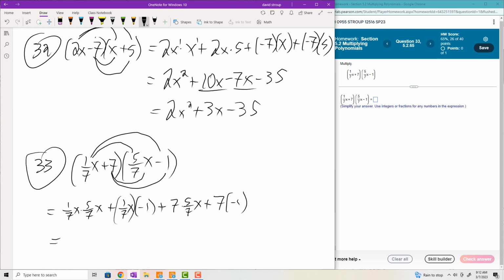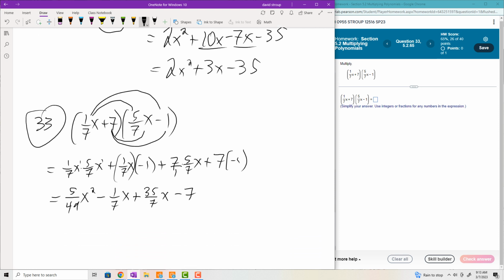Okay, so for the first term, multiply out the constants. So to multiply fractions, you multiply straight across. 1 times 5 is 5. 7 times 7 is 49. And then x times x, adding the exponents, gives you x squared. Then minus just 1/7 x. And then plus 35/7 x. So remember, 7 is the same as 7 over 1. Multiply straight across. 7 times 5 is 35. 1 times 7 is 7. x, and then minus 7.